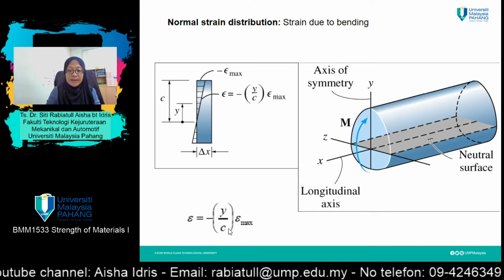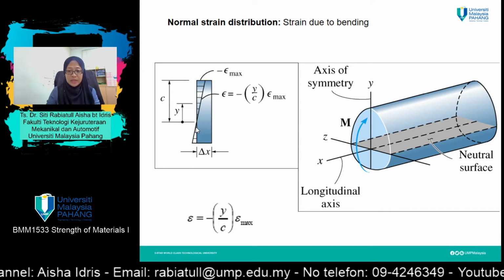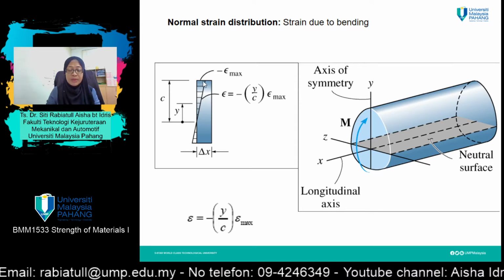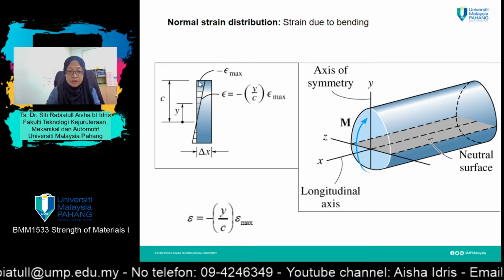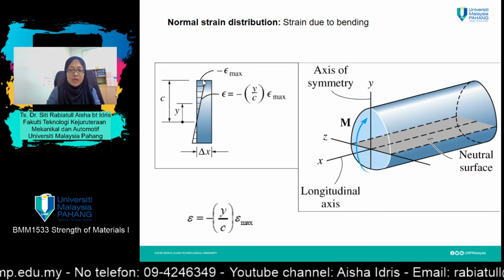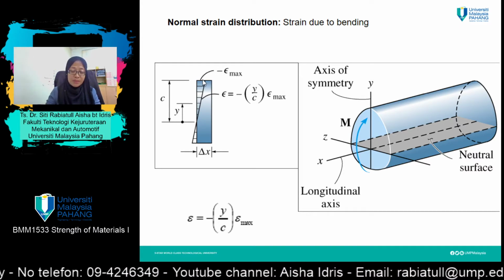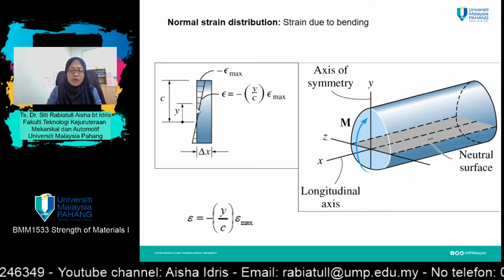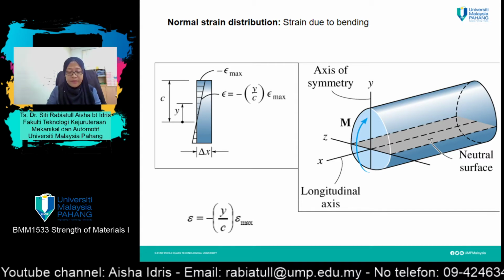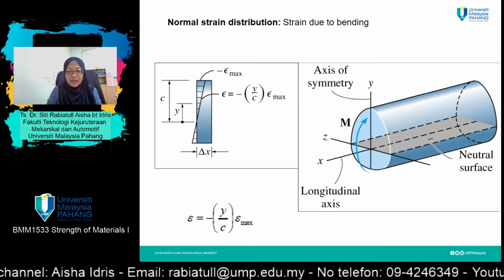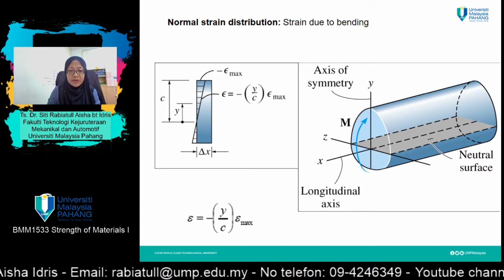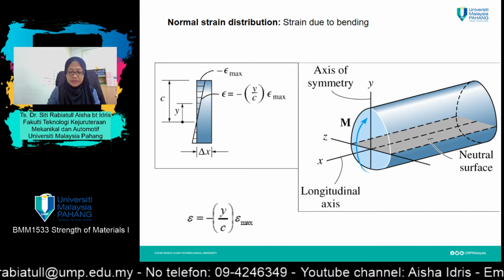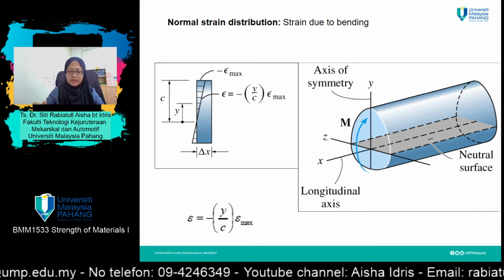Divide by c, where c is the distance from the neutral line to the maximum point of the component or member, times the value of maximum strain at the maximum part of the component. The negative and positive signs represent whether the component suffers compaction or contraction.